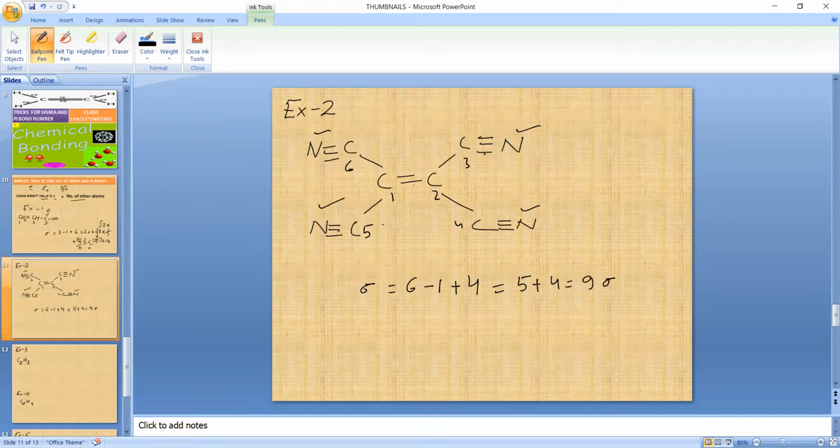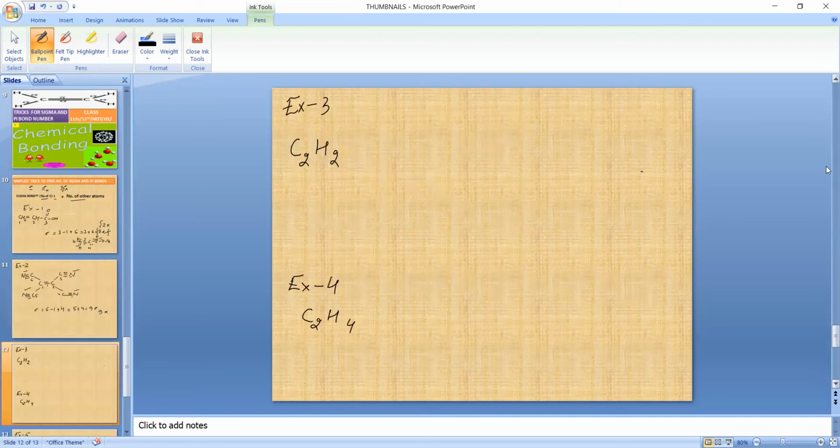And how many pi bonds are there? Counting them, 9 pi bonds are there. Clear? Next will be C2H2.